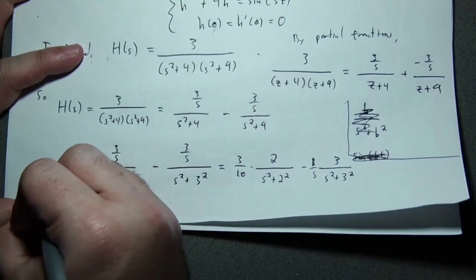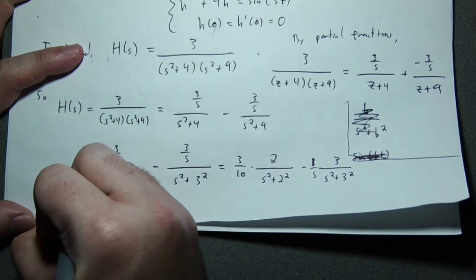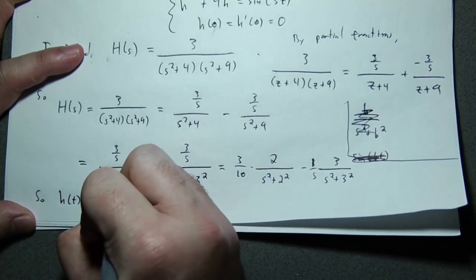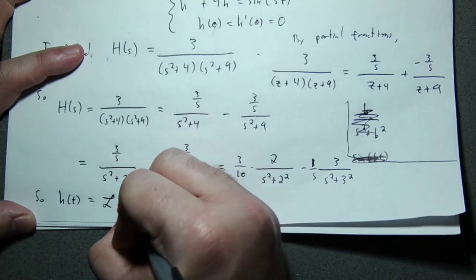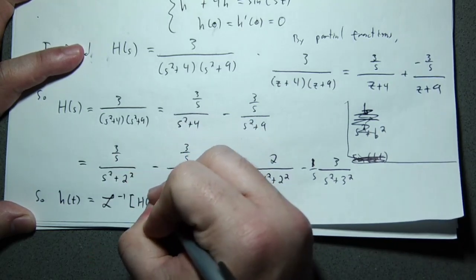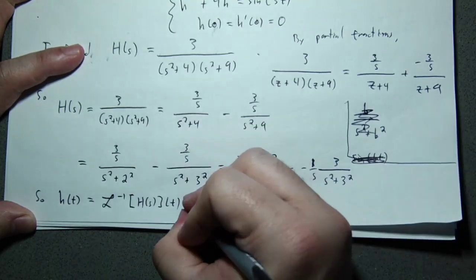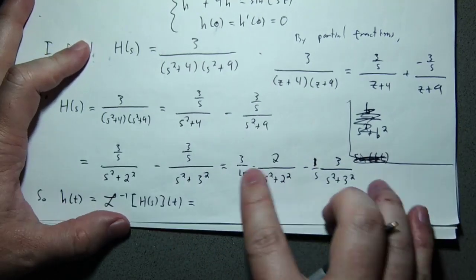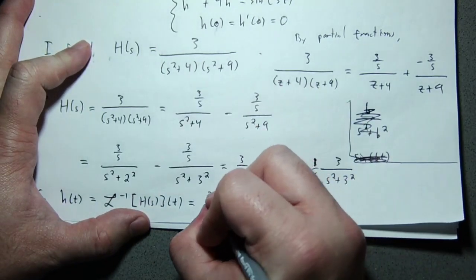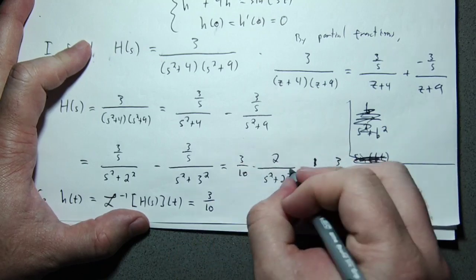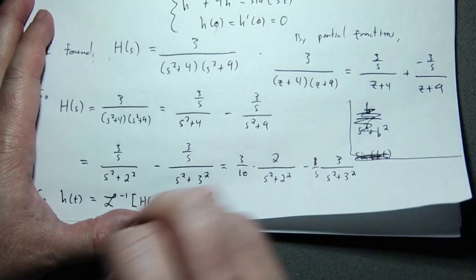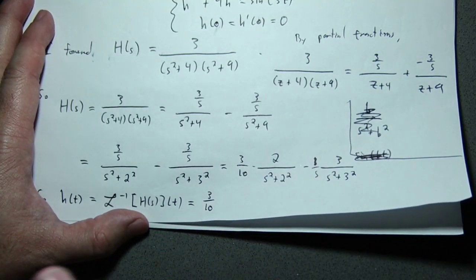So, little h of t is equal to the inverse Laplace transform of big H of s, which, using linearity, is 3/10 times the inverse Laplace transform of this. We've set it up so that we can read it off directly from the table. That's the point.